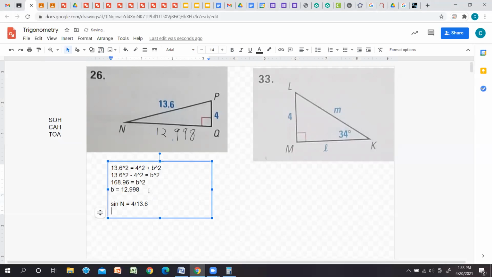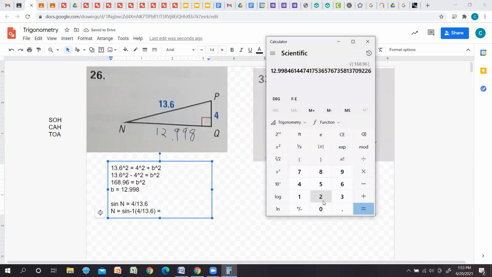So then what we actually do is we use the inverse function of sine, sine to the negative 1, of 4 divided by 13.6. That will give me the angle. So in the calculator, 4 divided by 13.6. To do the inverse, I press second.